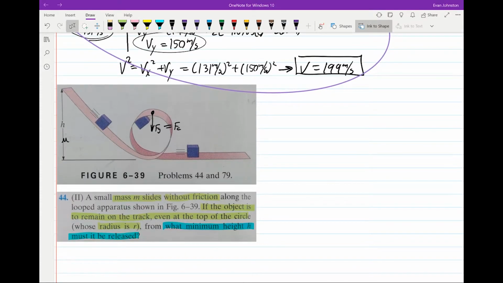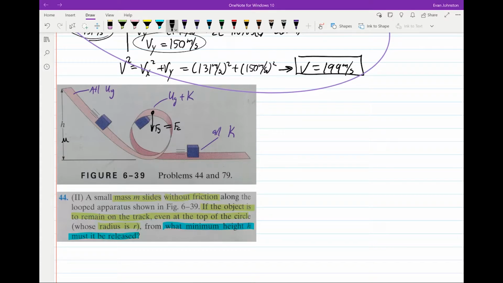Now, aside from that, we should note that when it's up here, where it started, it's all potential. When it's down here, it's all kinetic. So when the box is at the top of the loop, it's both: we have potential and kinetic.